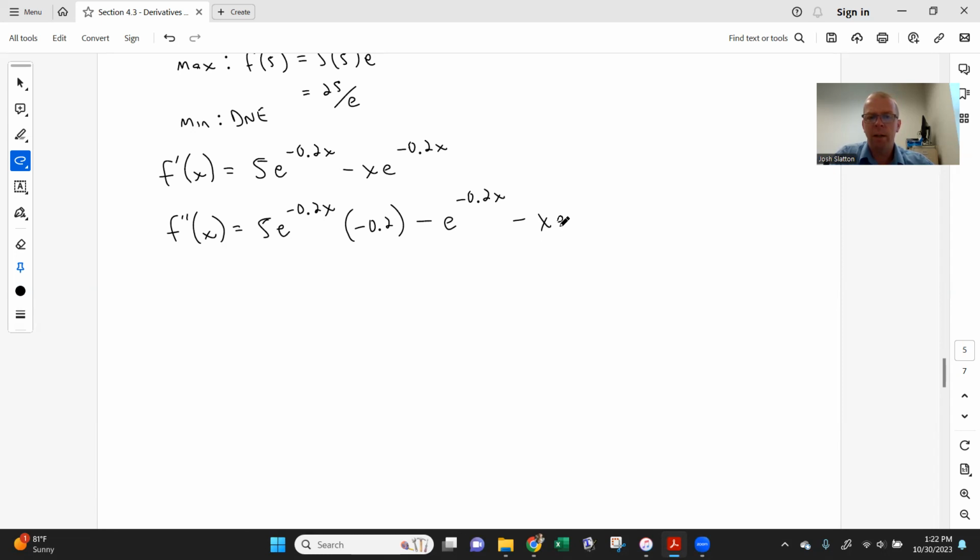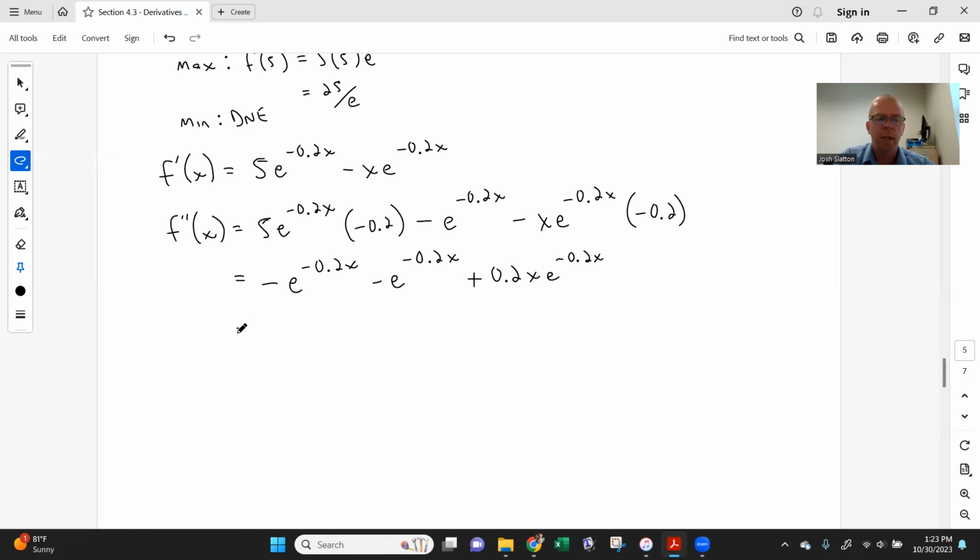So minus x, take the derivative of e to the negative 0.2x, and times the derivative of the exponent. And now let's simplify this. So 5 times negative 0.2 is negative 1, and plus 0.2x e to the negative 0.2x.